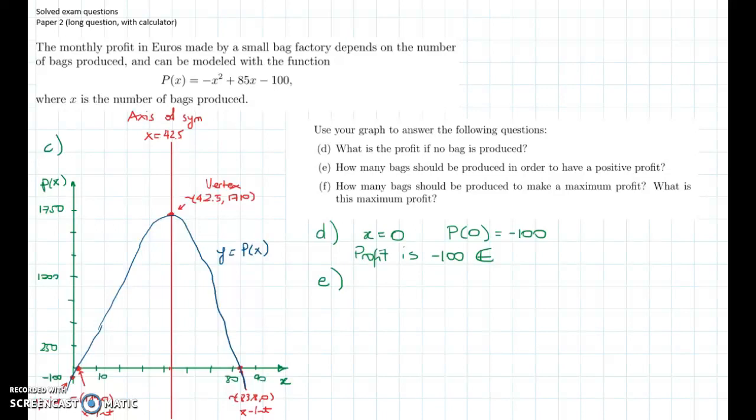So that means that's where we go from negative profit to positive profit. Now, we can't answer that you need to produce approximately 1.19 bugs. That doesn't make any sense. We need to produce at least 2 bugs to have a positive profit.